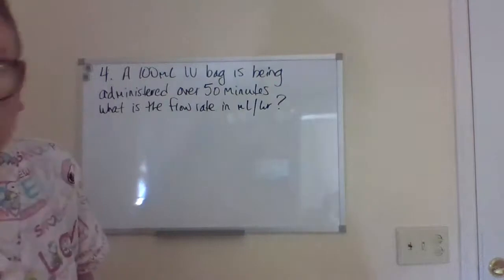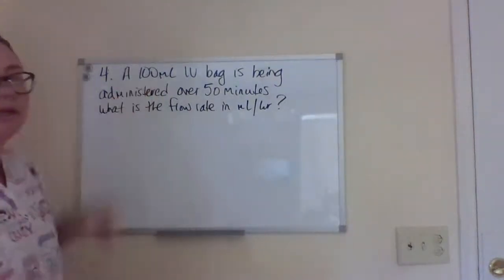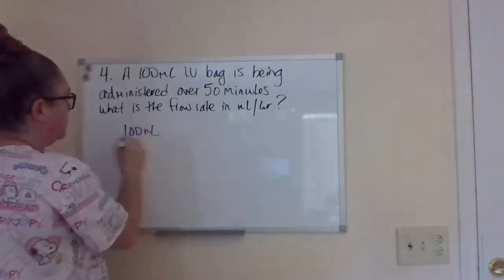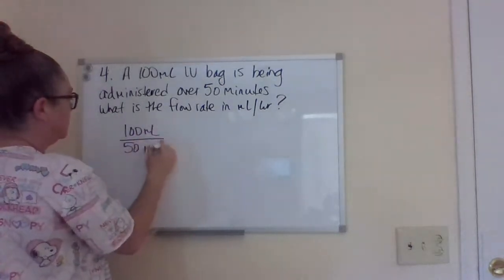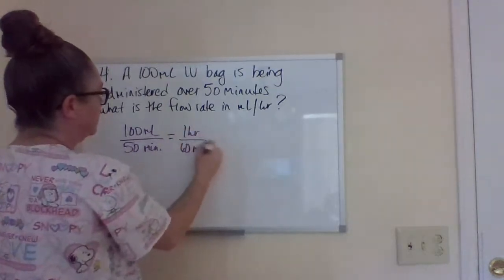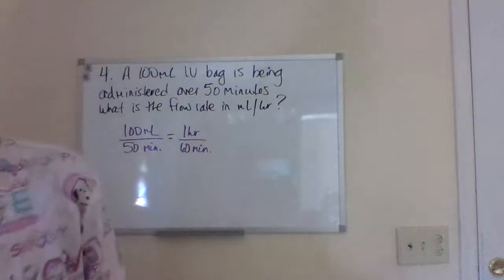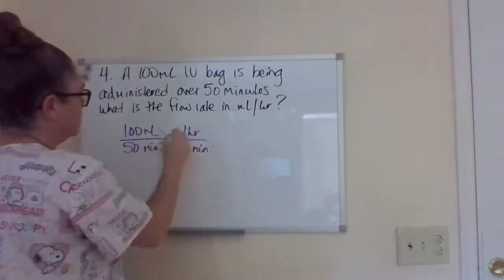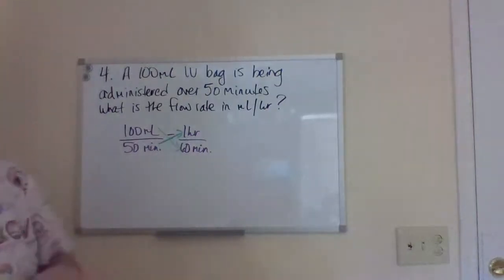All right, so first thing, our bag is already in milliliters. So we have 100 mLs over our 50 minutes equals 1 hour over 60 minutes. Remember that we're going to cross multiply.